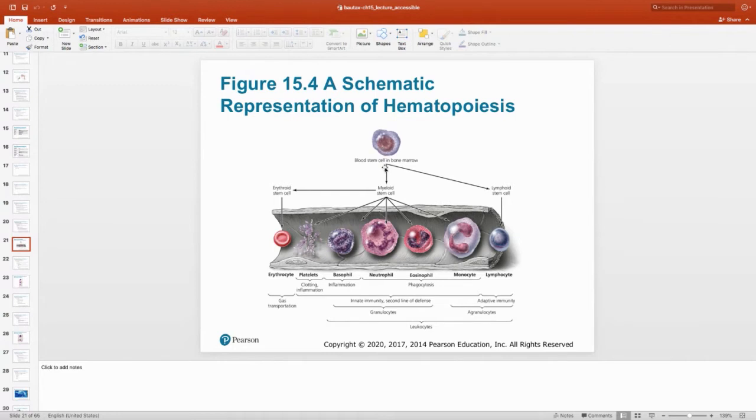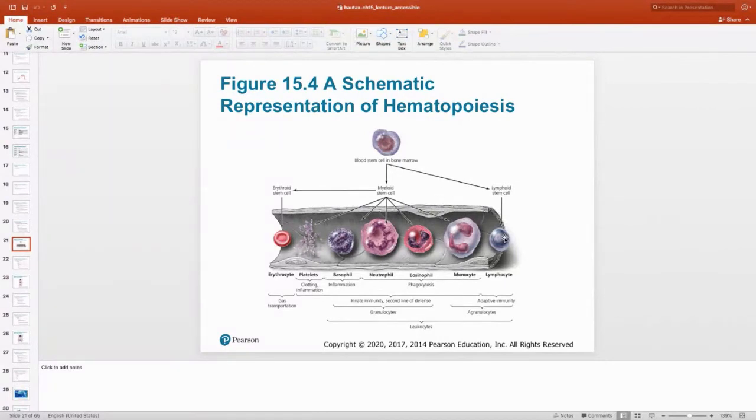The blood stem cell can differentiate into any of three intermediate cells. One is an erythroid cell, and that makes an erythrocyte, otherwise known as a red blood cell. That's the only thing this stem cell is going to make, and it will make a lot of them. Then there are the myeloid stem cells, which make all of these granulocytes and other cells that are important in innate immunity, the second line of defense.